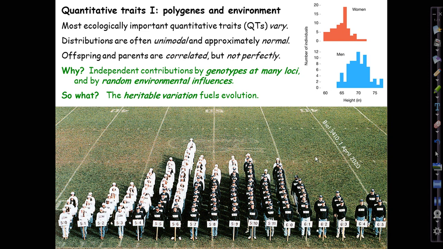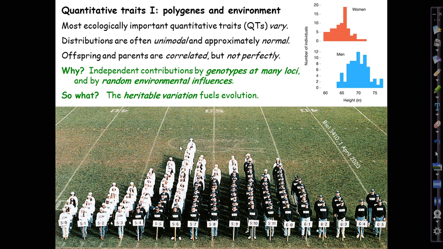The classic quantitative trait is human height or stature. It's been studied for something like 150 years quantitatively. This famous photograph is a living histogram of heights of women dressed in white sweatshirts and men dressed in black sweatshirts. I believe they're from an evolution class at the University of Connecticut.